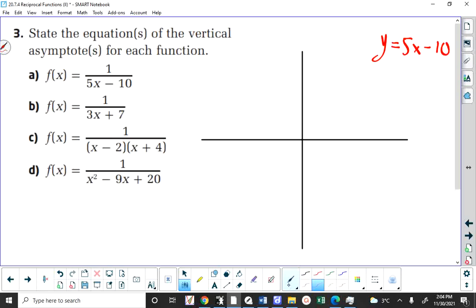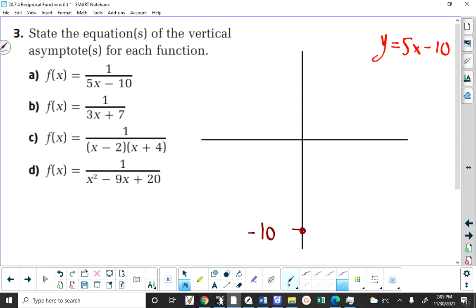So how do you sketch y equals 5x minus 10? It's a linear function. The y-intercept is negative 10, and the slope is 5. So it would pass through negative 10 here.